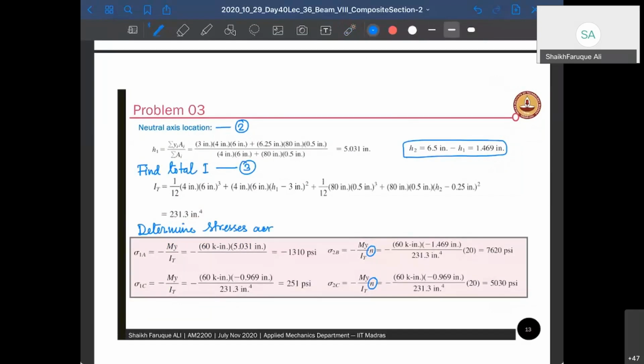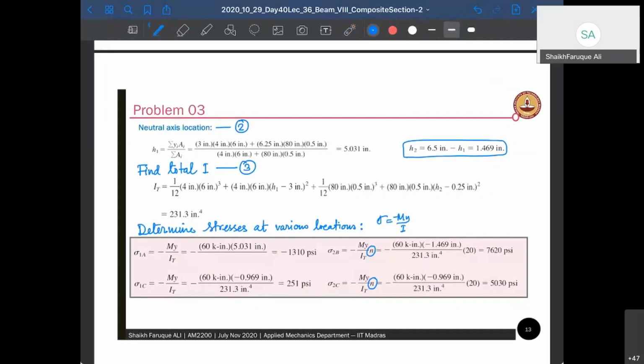At various points, right? At various locations. Okay. How do you do it? We know the formula is sigma equal to minus My/I, right?